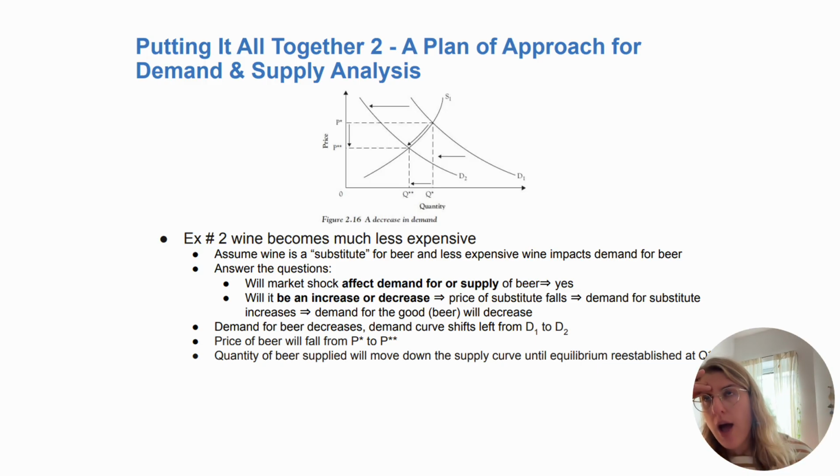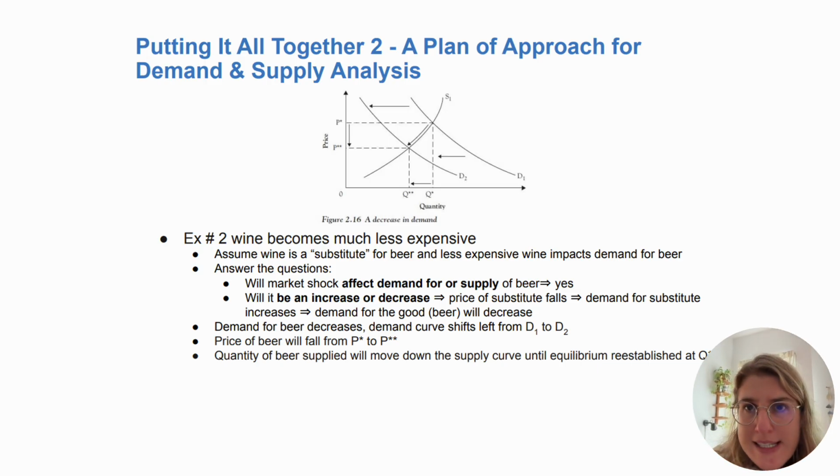Over time, the supply and demand curves will readjust, and we will get a new price and quantity. It'll probably be a new price that is lower than P star star but higher than P star, and a new quantity that could be anything at this point, but that would be the long run. So just know these terms, long run and short run.